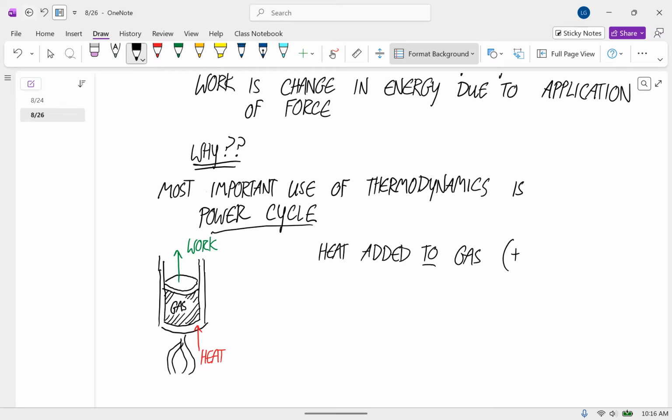So that's positive Q. And work is done by the gas, which is positive W. So that's why we have this sign convention.